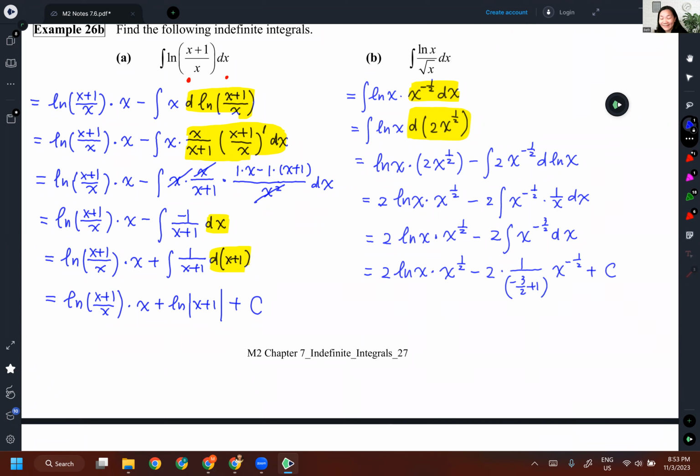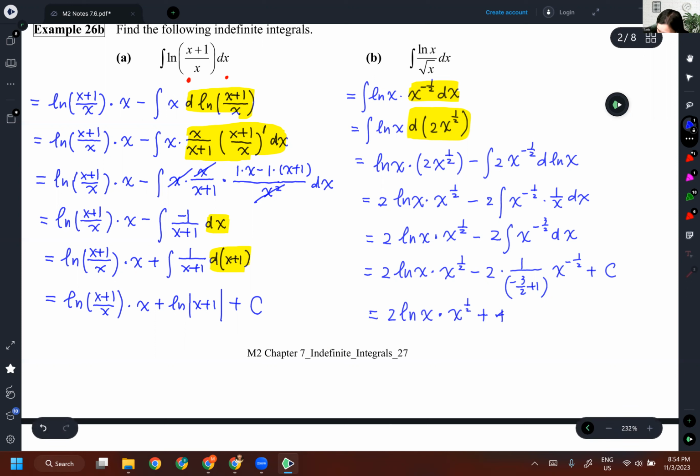I hope that's clear. Okay. So that is 2 log x times x to the 1 over 2 minus, I think plus. Make sure you're correct with the coefficient. It's 2 times 1 over negative 1 over 2.